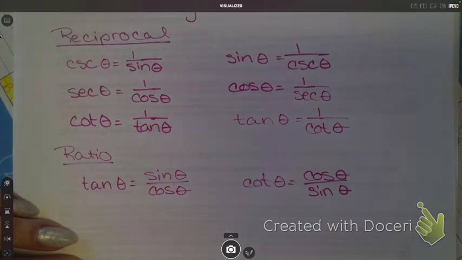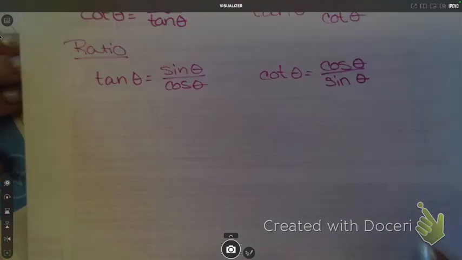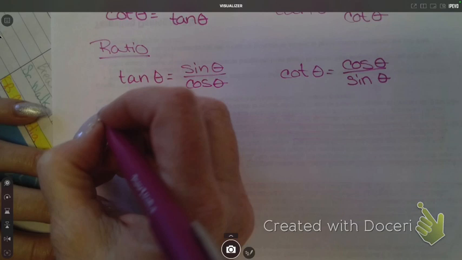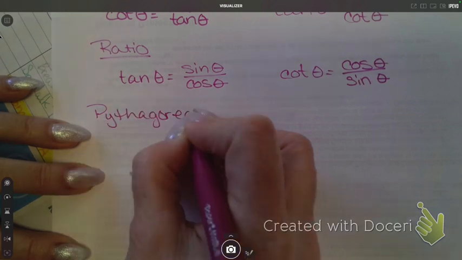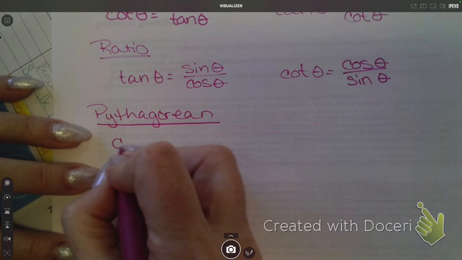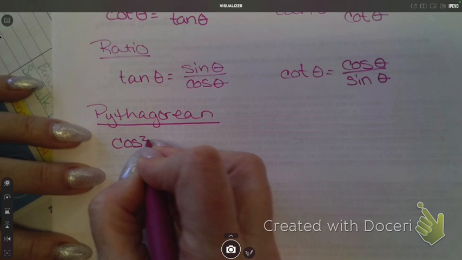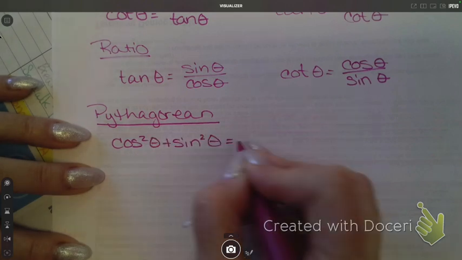And the last 3 are the Pythagorean. Cosine squared plus sine squared equals 1.